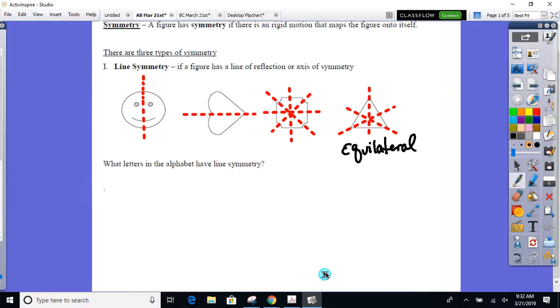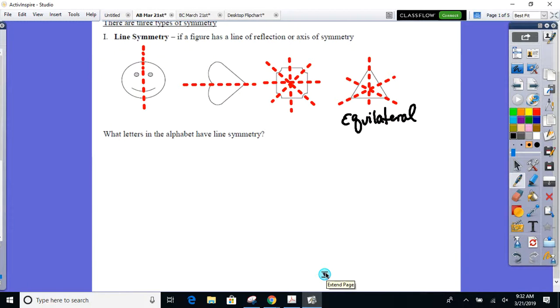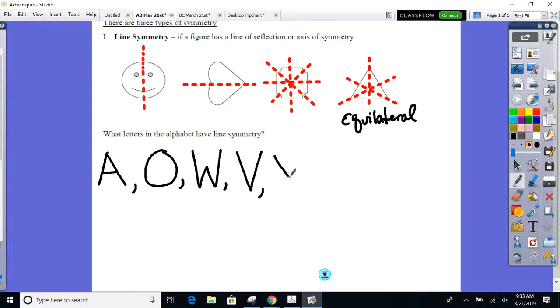All right, time to show off. Letters in the alphabet that have line symmetry. All right, there we go. And then everyone, yep, there's always that one student who goes right to the O. I'm not arguing about the humps.